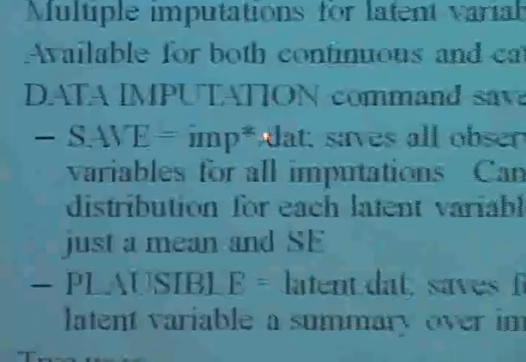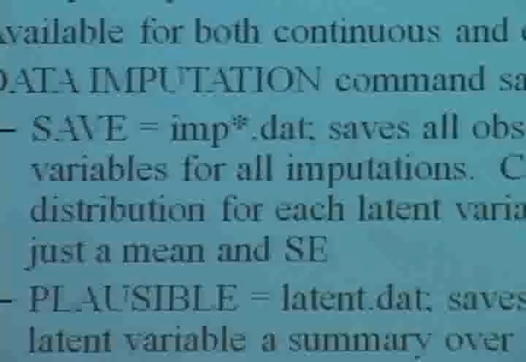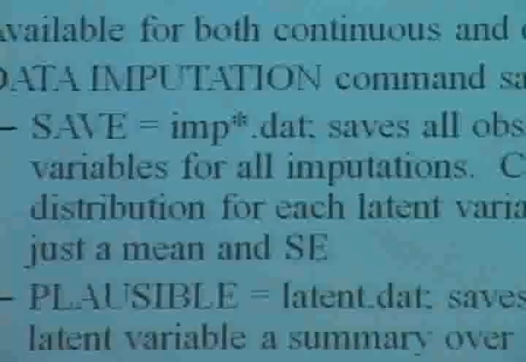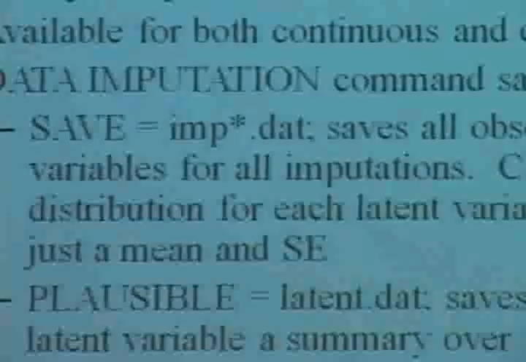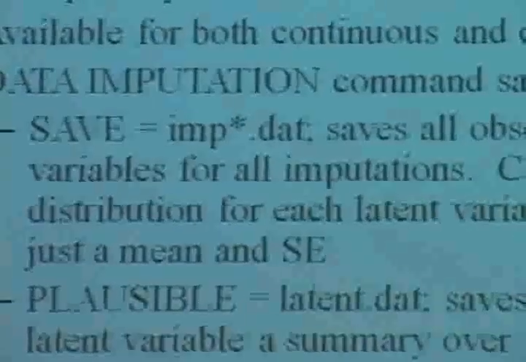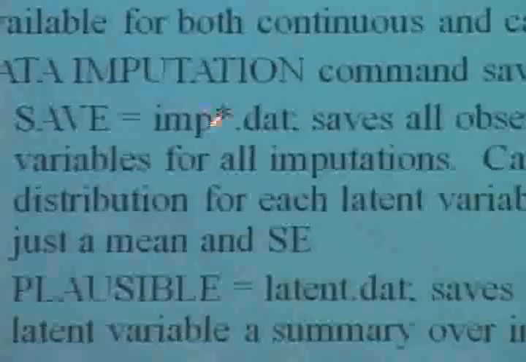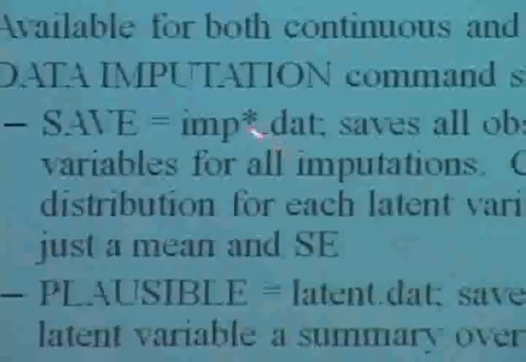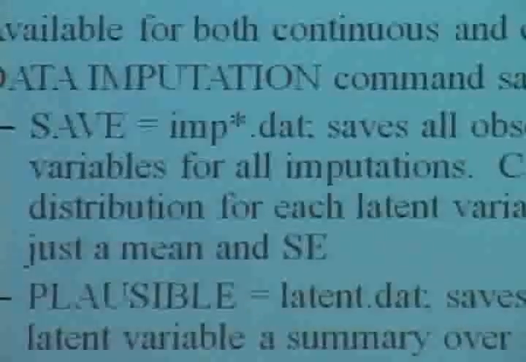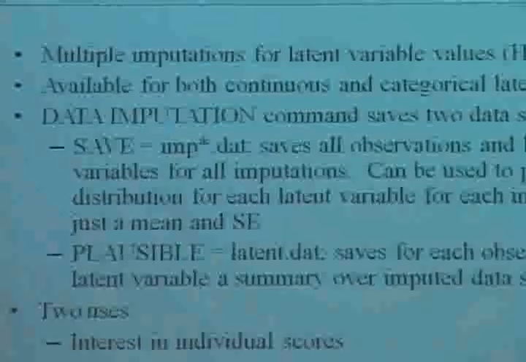What the star means is that you've requested another command called n datasets, and that command will determine how many imputations are performed. So if you want 100 imputations, you just say n datasets equals 100, and it's going to save 100 datasets where all datasets contain the imputed value for every latent variable, together with the observed data.